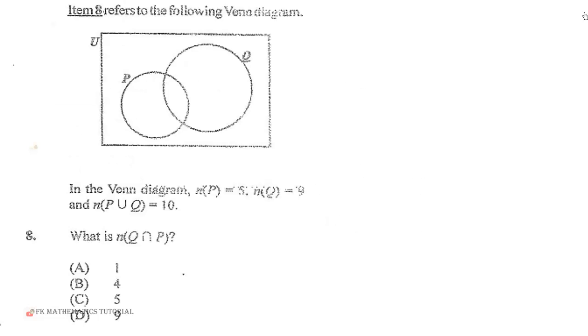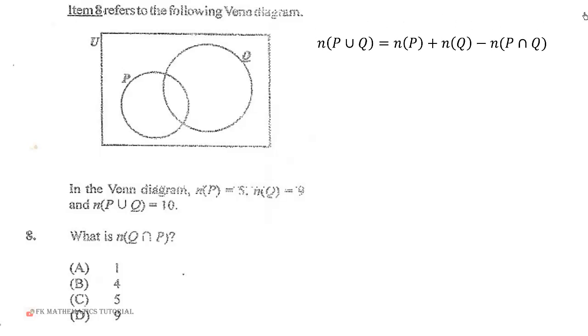Question 8. Item 8 refers to the following Venn diagram. In the Venn diagram, number of elements in P is 5, number of elements in Q is 9, and number of elements in P union Q is 10. What is the number of elements in Q intersection P?